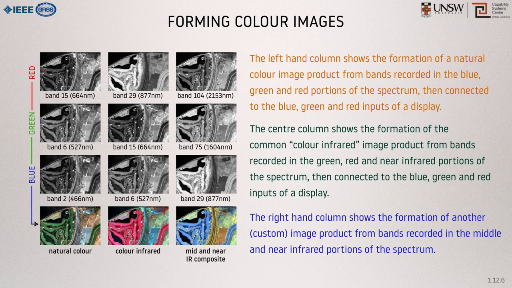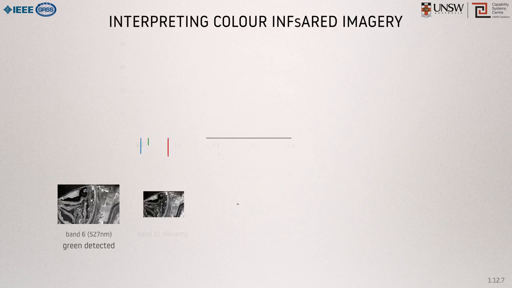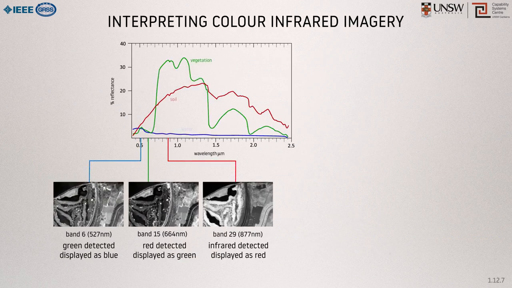Are there any conventions observed when forming colour image products? Well, the only real convention is that the bands are displayed in the same order of wavelength as the primary display colours. Therefore, the recorded band with the longest wavelength is shown as red, and that with the shortest wavelength is shown as blue. Once we form the colour image product, we have to work out how to interpret it.